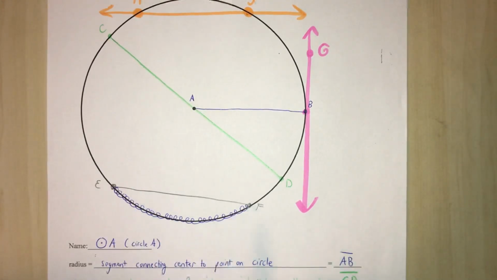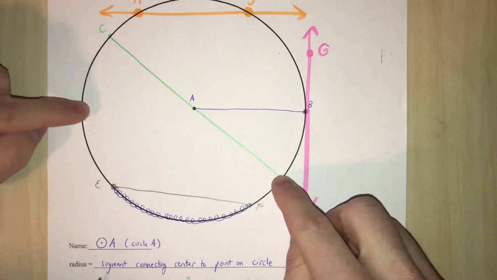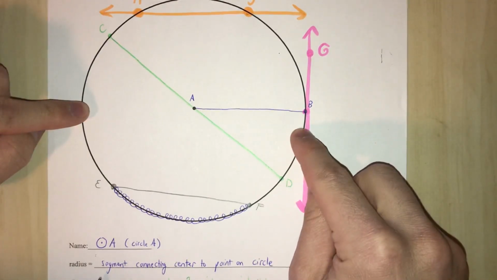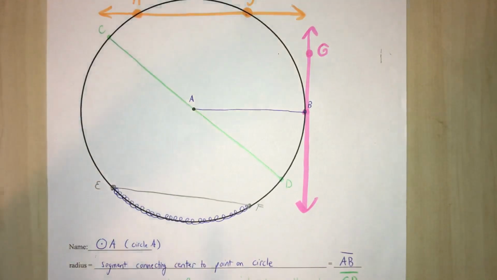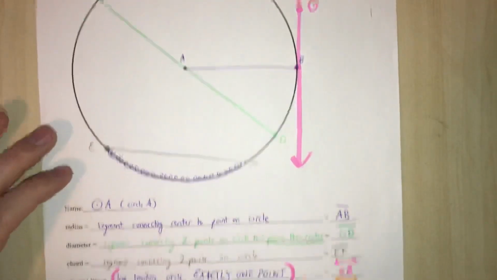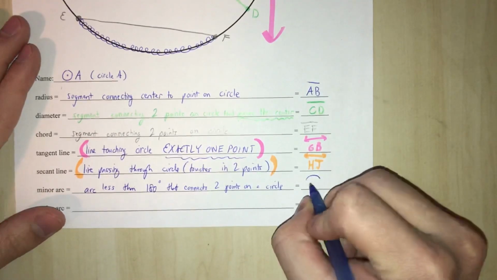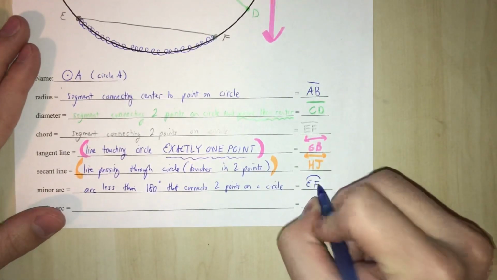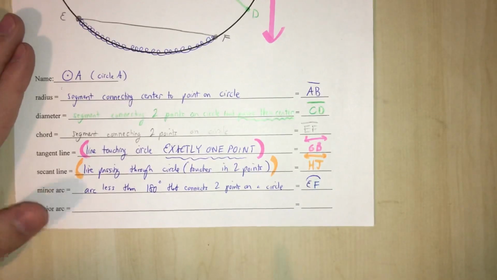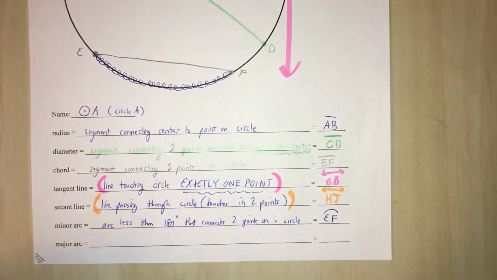This is a tiny minor arc in the circle. Again, it could be a little bit bigger. It could be from here to here, or here to here, or here to here. But it's got to be less than 180 degrees. So to call that arc EF, we're just going to do a little arc on top of it. All right, and you can see that's the way I named this thing right here.